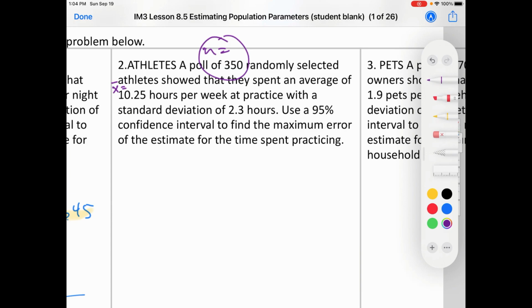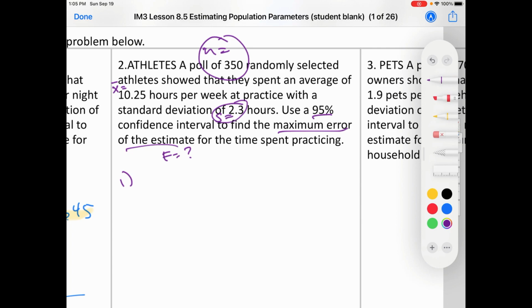Let me say that again. The average we don't need to find our maximum error of estimate. But I'm still highlighting the numbers they're giving us. S equals 2.3 and a 95% confidence interval, find the maximum error. Remember, the maximum error of estimate is just your E. We're trying to find E.